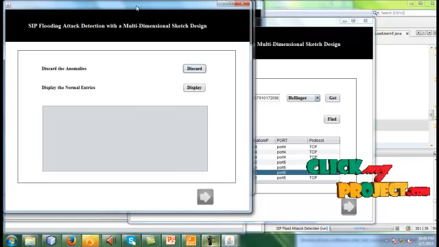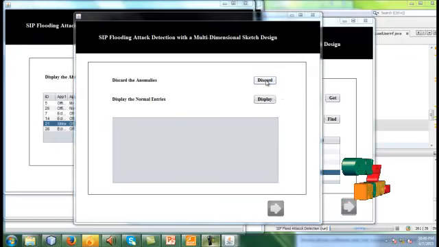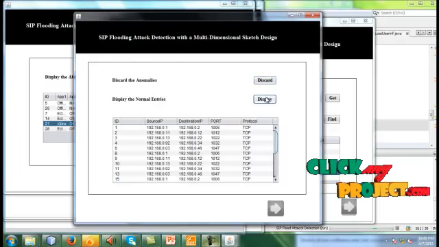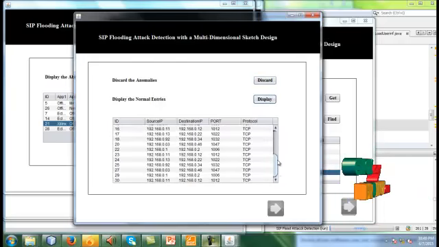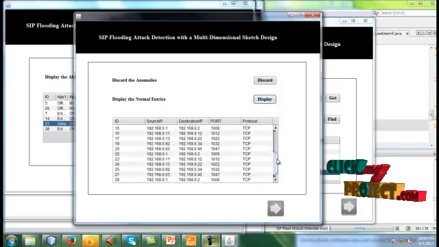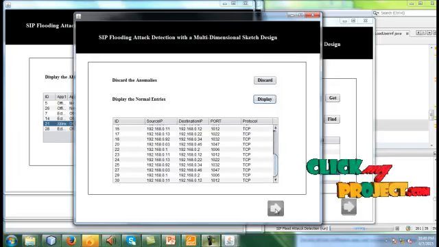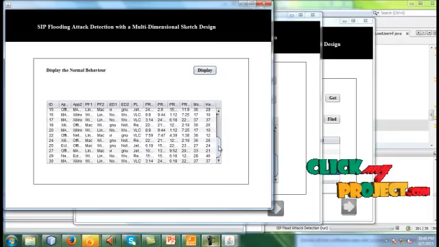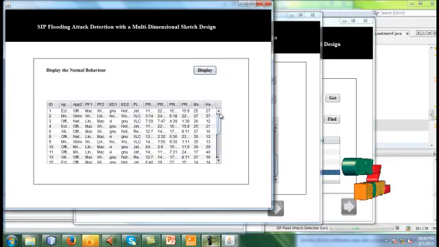Then we have to discard the anomalies. We just consider the normal entries. Then finally, display the normal behavior. In this process, we avoid the abnormal entries in future.